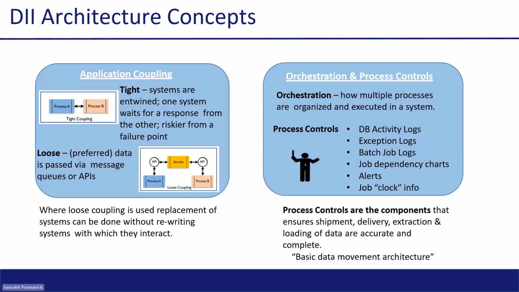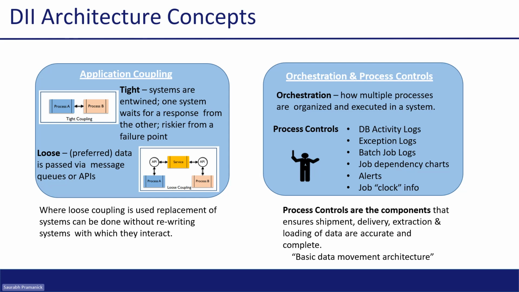Now, coming to some of the architectural concepts, one is application coupling. Application coupling defines what kind of architecture you will have, whether it's a microservice-based architecture versus a monolithic-based architecture. So how the different layers, your application layer, front-end layer, processing layer, and data access layer, are coupled.